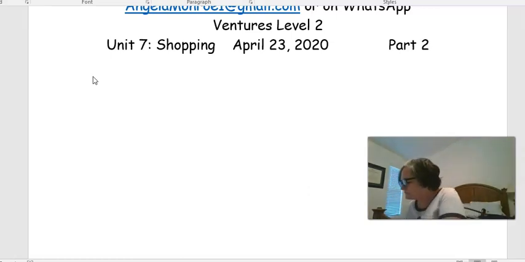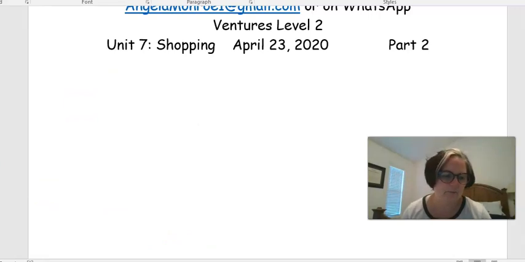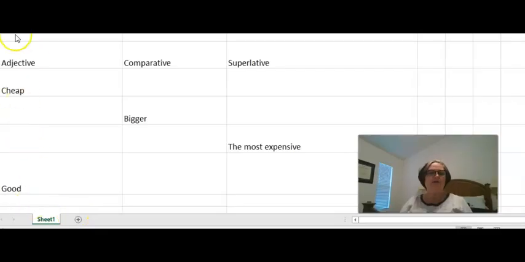So, go back to your page 88. And I'm going to pull up something for us. Okay, so here's the adjective that we use to describe something, and then here's the comparative. That's what we were doing last time.